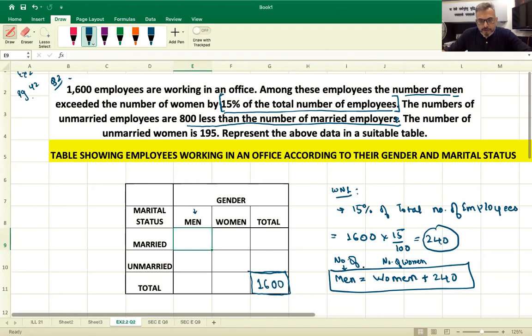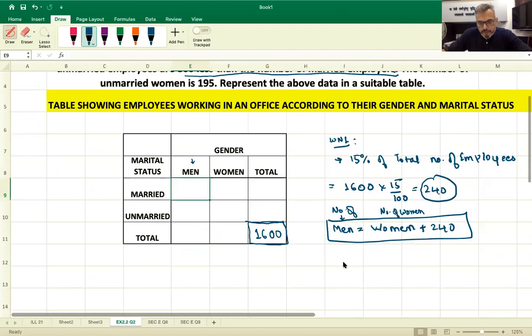Let's find out. Now we all know men plus women, the total of men plus women is 1600 because the total is 1600 employees. Now what is the formula for men? The formula for men is women plus 240.